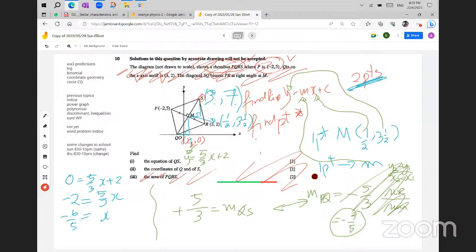How can the S be 3? According to the graph, the picture, the S should be slightly to the left. It should be smaller than 3 if the picture is not bluffing us, which I don't think they're allowed to do. They cannot bluff us. You understand me? Yeah. That's why I think my answer is slightly better than yours, even though it might not be correct. But I have my reasons, no? A visual reason. You understand? Yes. Okay. I'm quite happy teaching you the visual stuff.